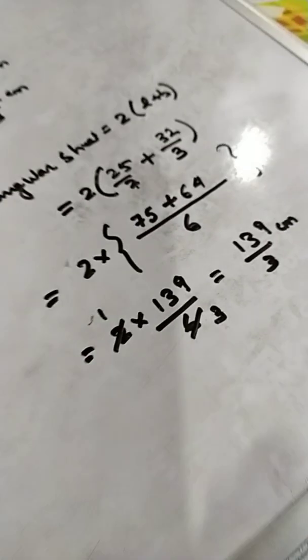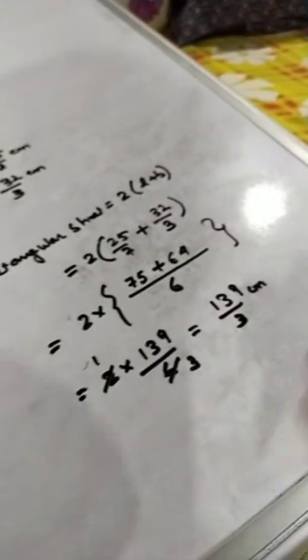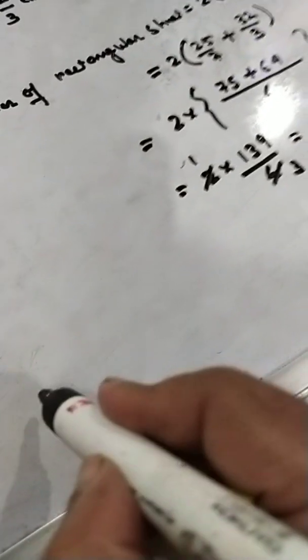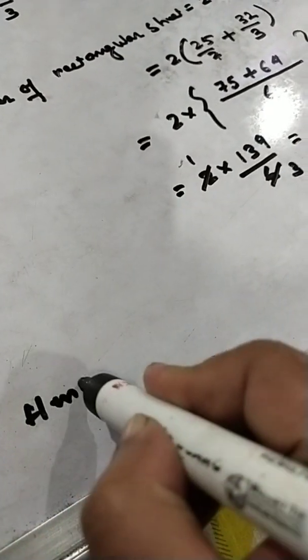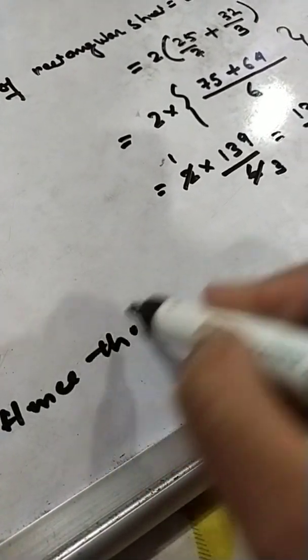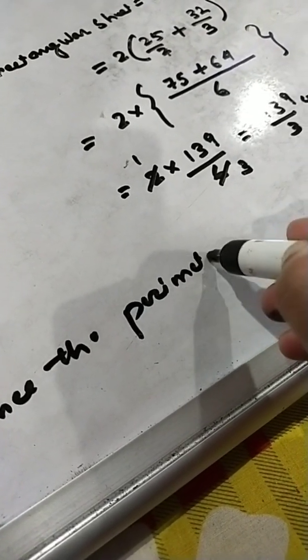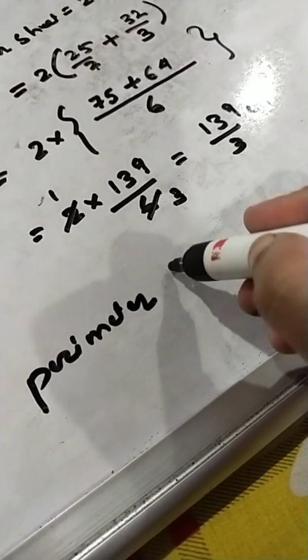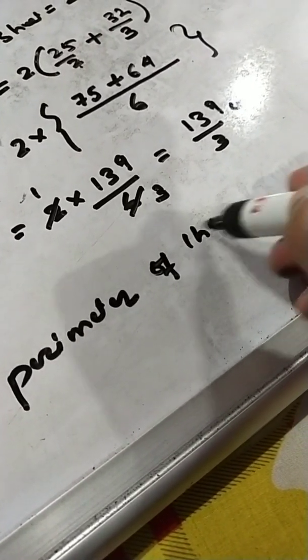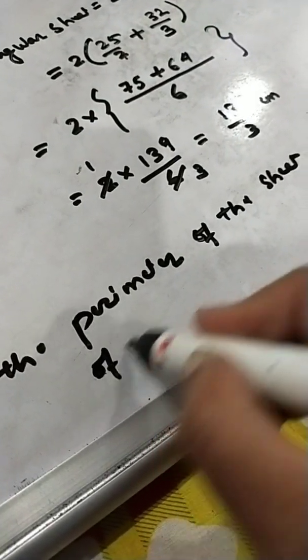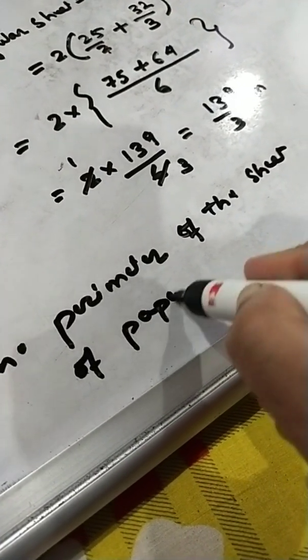So this is the perimeter of the rectangular sheet, but we have to give our answer in the mixed fraction form. So hence the perimeter of the sheet of paper would be what?